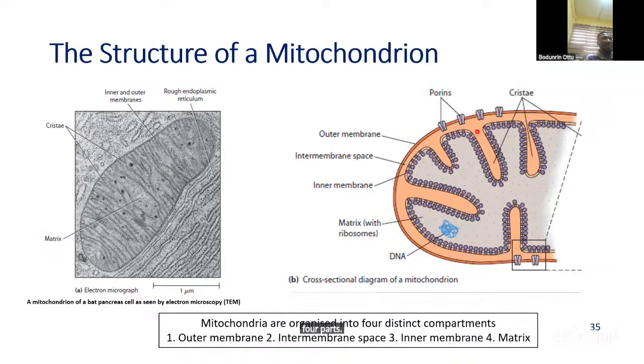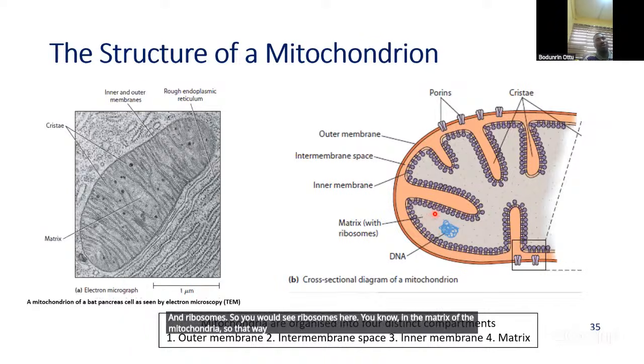Majorly, you have the outer membrane, inner mitochondrial membrane, intermembrane space, and the matrix of the mitochondria. And in the matrix, the mitochondria has its own DNA and ribosomes. So you would see ribosomes here, in the matrix of the mitochondria. So that way they're able to produce their own proteins, right? And because of their DNA, they also have the ability to replicate their own DNA.